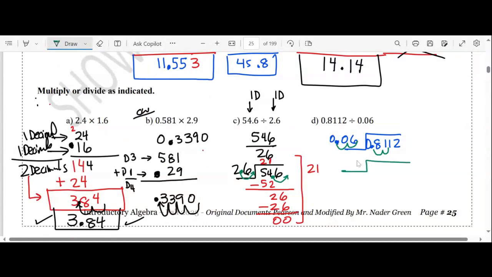So what are you going to divide? 6, and here what? 8, 1, 1, 2. And where is the decimal place? In the middle, right? 81.12. Okay? And then you do the division.